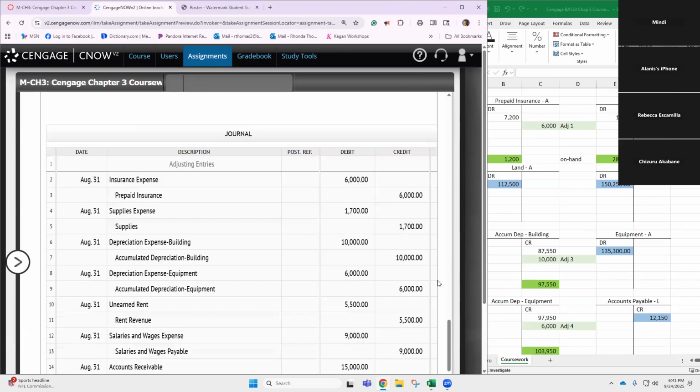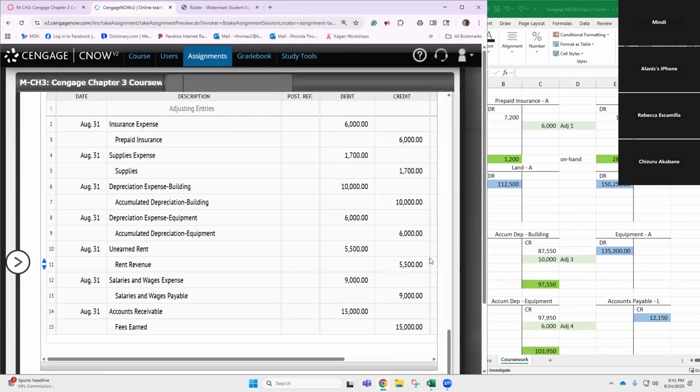Okay, so here's what we're looking at. What's the rule about adjusting entries? Can you go down one more, please? Sorry. No, you're good. So while you're looking, we're going to go back through these a minute. Okay? So I said that every adjusting entry will affect one income statement account and one balance sheet account.